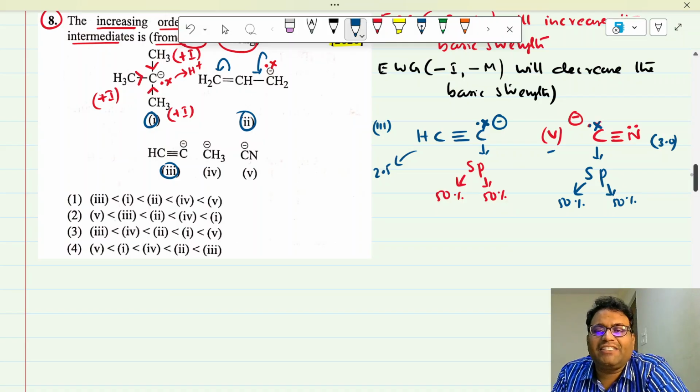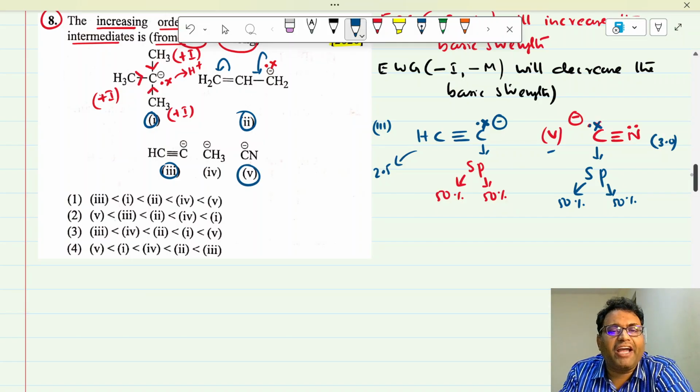So beside this sp carbon, who is present in the third molecule? Carbon. Beside this carbon in the fifth molecule, who is present? Nitrogen is present. As nitrogen is present, it will pull the pair of electrons with more force, so that the availability is less. So among 5 and 3, which is more basic? 3 is more basic than 5. More the electronegativity, less ability to donate, less basic strength.